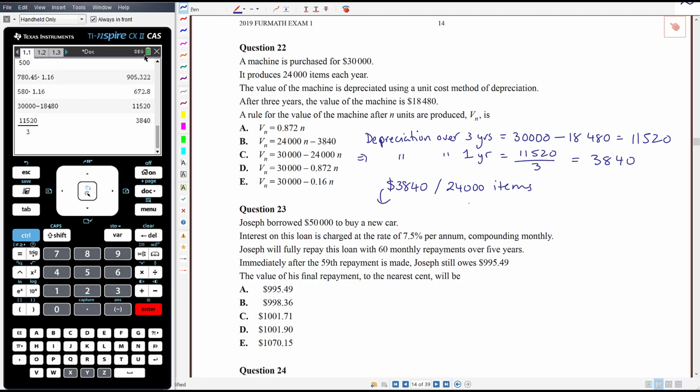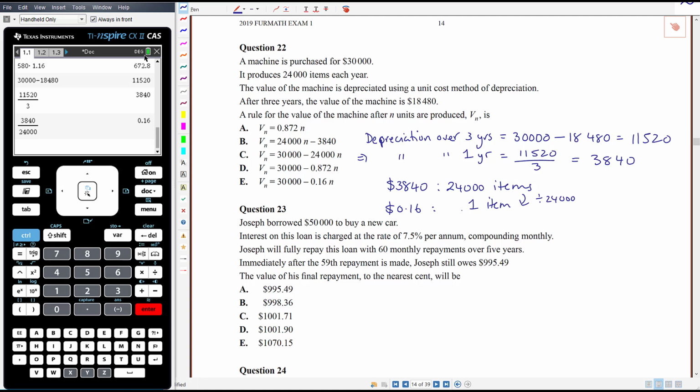If we divide both sides of this ratio by 24,000, we'll be able to work out how much it is for one item. So 3,840 divided by 24,000 as a decimal is 0.16 per one item. So it's 16 cents for every one item.